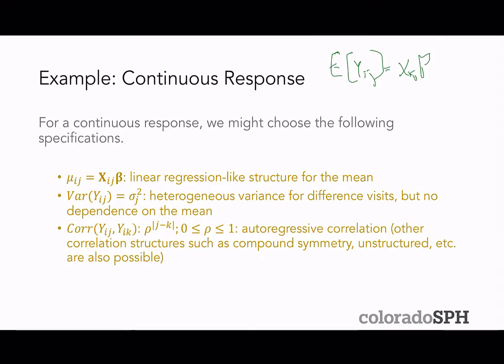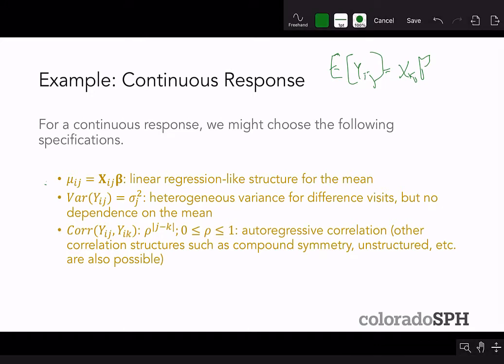So for our continuous response, we have a linear regression-like structure for the mean. We would specify a variance to be some sigma squared j, different variance at different visits, but the variance doesn't depend on the mean.